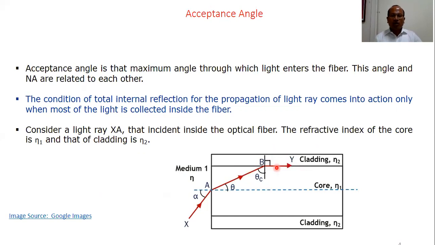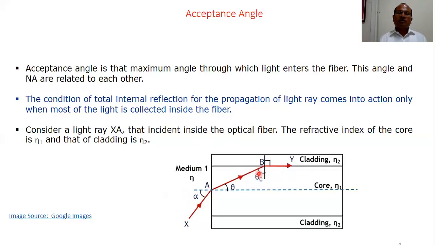And for all materials, the critical angle is also considered one of the parameters. So acceptance angle is the maximum angle through which light enters. This angle and NA are related to each other. We'll see it. And see here, this alpha determines the incidence angle. If you change alpha, this incidence angle will also change.